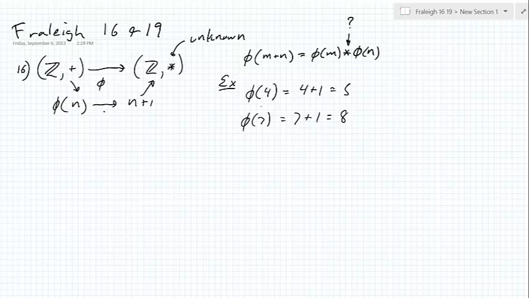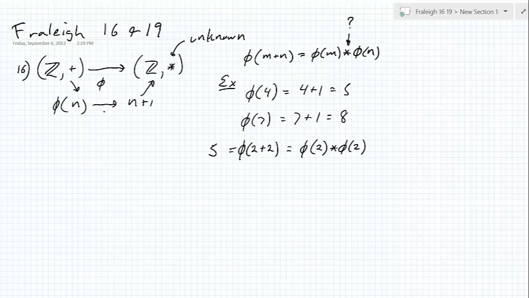And now let's try breaking these up into pieces. We know 4 is equal to 2 plus 2, right? So we already know that phi of 4, or phi of 2 plus 2, same thing, is equal to 5. But if this is going to be an isomorphism, it's also got to be equal to phi of 2 star phi of 2.